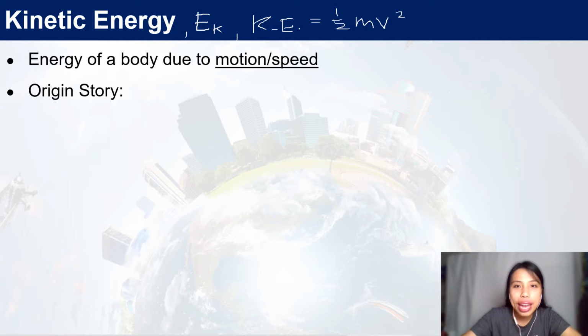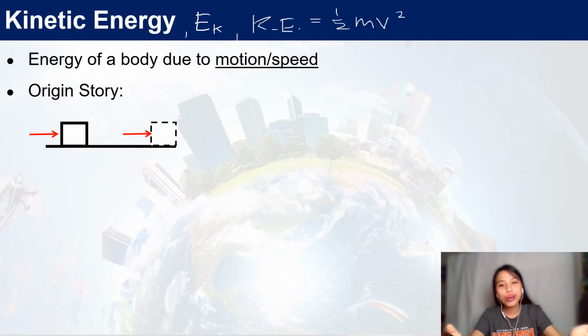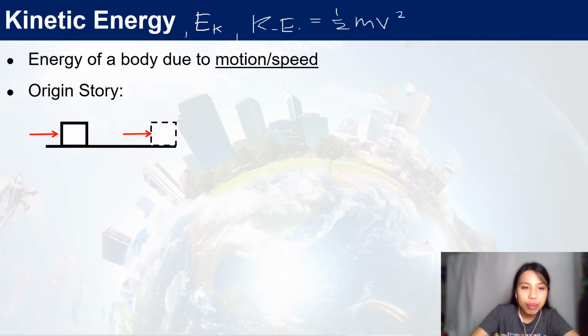Okay, so let's say we have this good old block pushed along from one side to the other. Okay, you have some force acting on it, and the same force pushes it a certain distance. We call this displacement S. So what's happening here? We're doing work on the box.